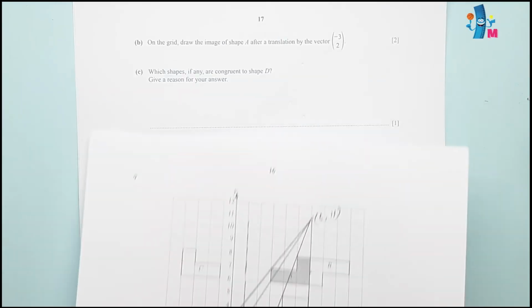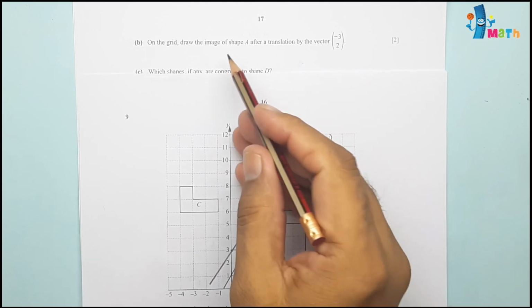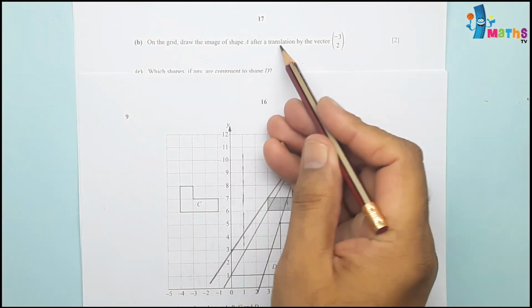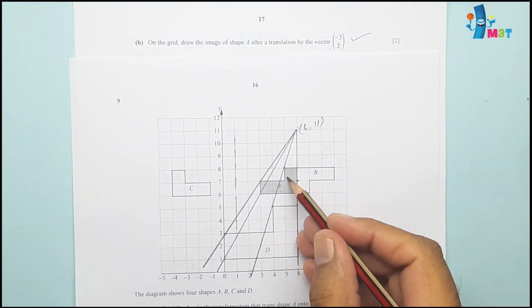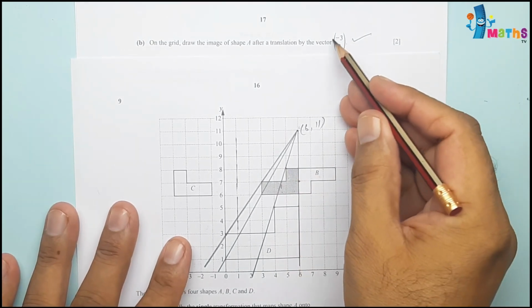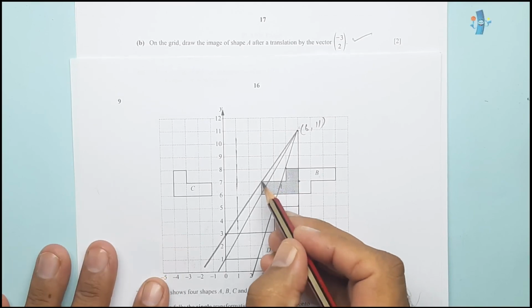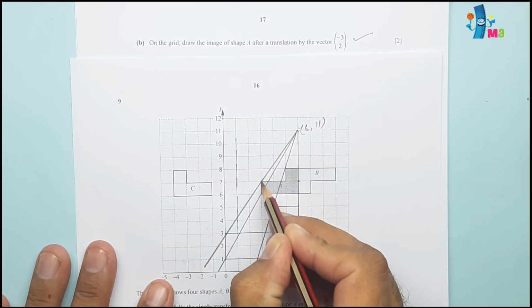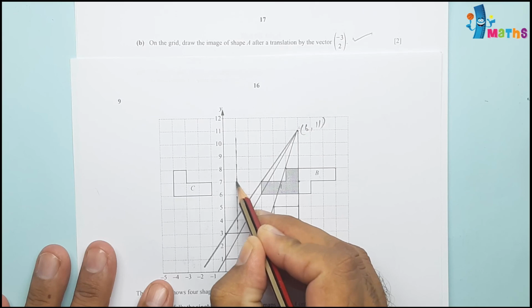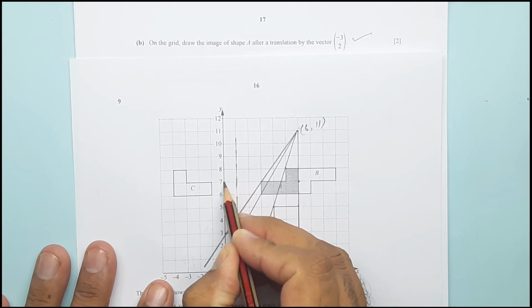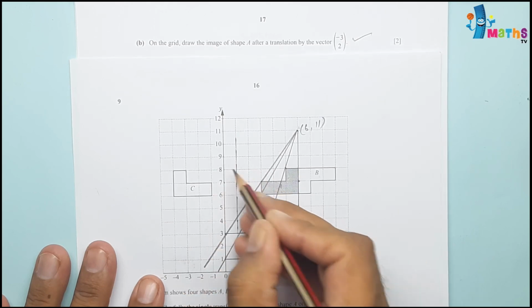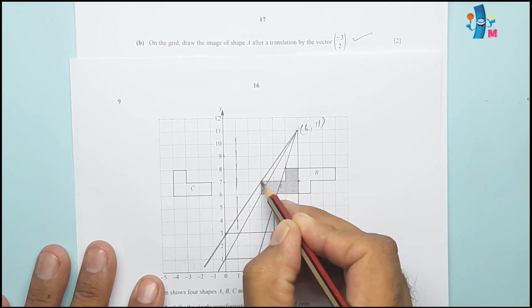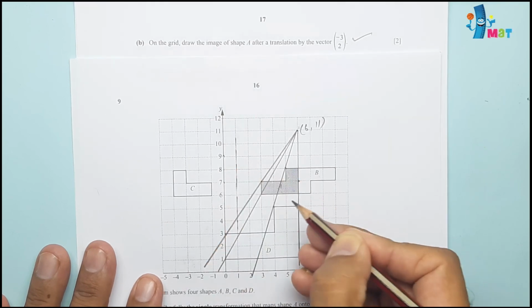B part, on the grid, draw the image of shape A after a translation. This translation is given, so we have to translate this diagram. The upper one is the x value, so for example, this point will be translated minus 3, so it will be 3 units left, and 2 up. So this point will be translated over here.